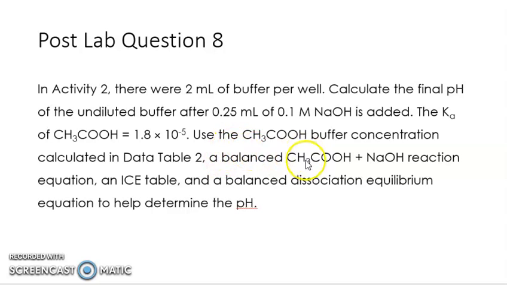Now, in the post lab, we have question 8 and question 9. I'm not going to work these for you. You can come to office hours, or you can contact me and we can set up an independent time to talk. But it's basically the same process using an ICE table. There are 2 mL of buffer per well. You're asked to calculate the final pH of the undiluted buffer.